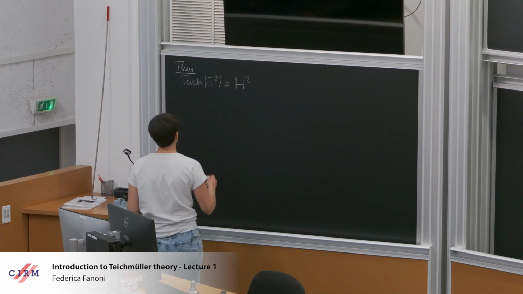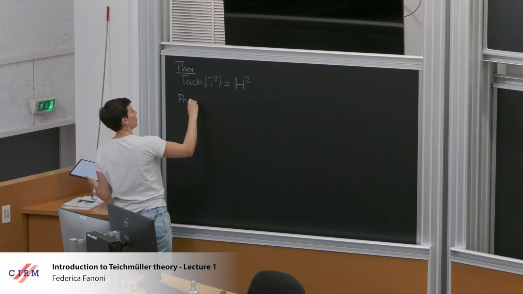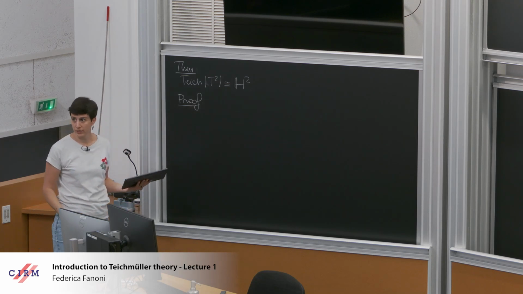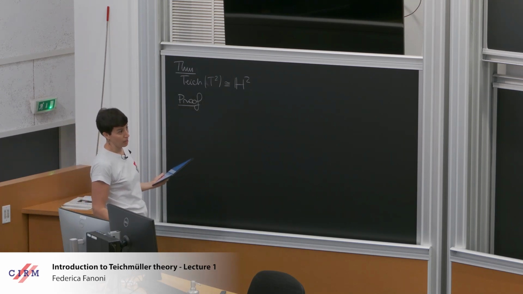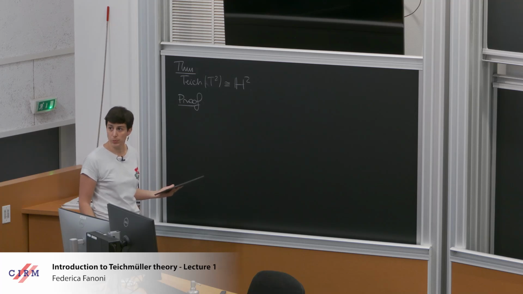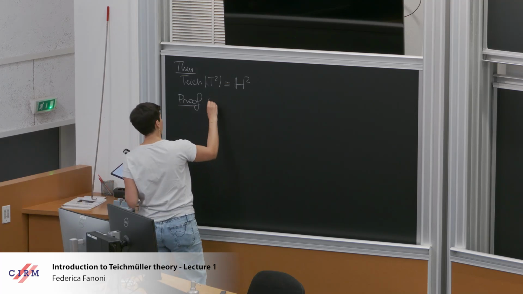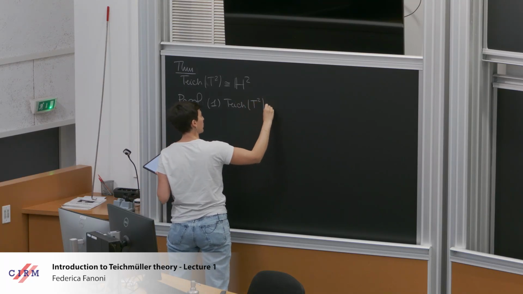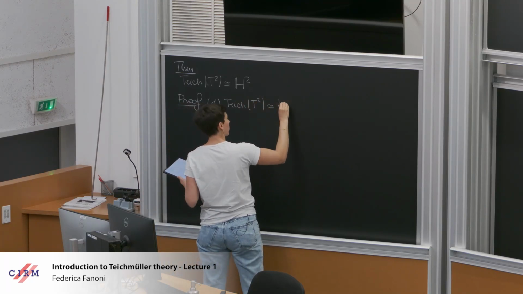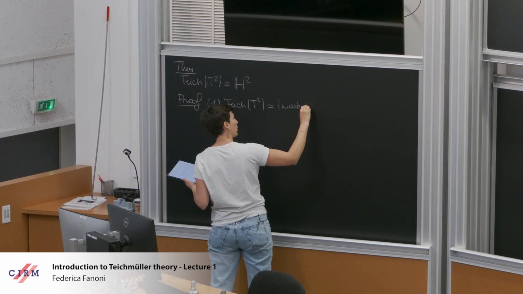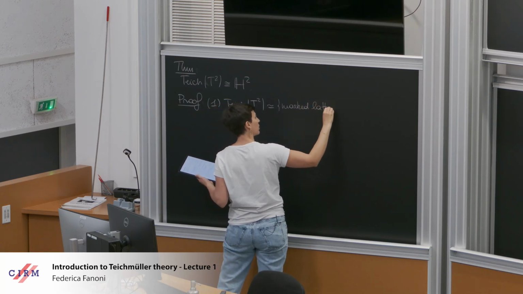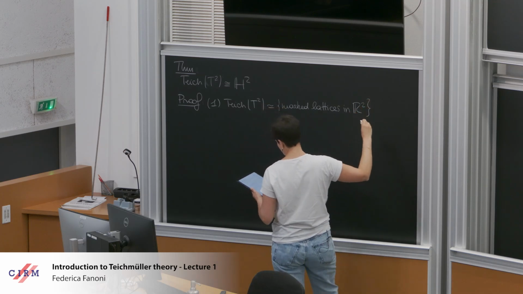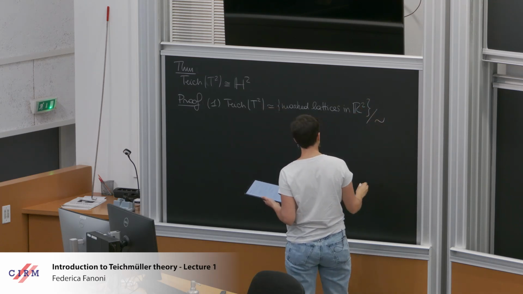And the idea of the proof goes in 2 steps. The first one is that we want to identify Teichmüller space with a certain space of lattices in R2. These are what are called marked lattices in R2 modulo an equivalence relation.